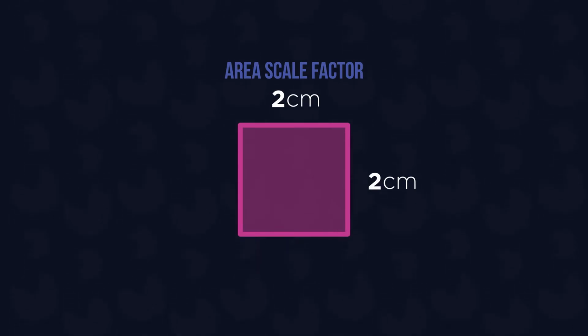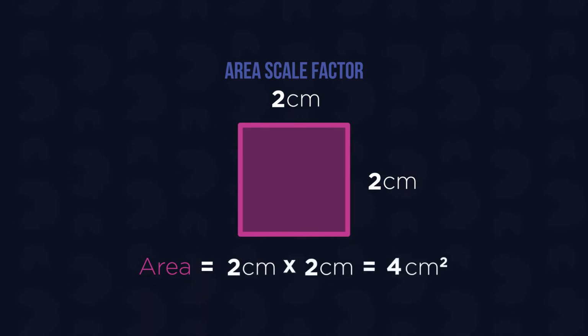It has doubled. However, what is the area of the square now? Be careful here. The area does not double as you might think. Instead, it will be 2 centimeters times 2 centimeters, which is 4 centimeters squared. Although the lengths were multiplied by 2, the area has been multiplied by a scale factor of 4.